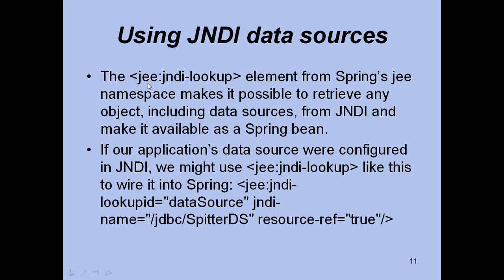Use the JNDI lookup element from Spring's JEE namespace, which makes it possible to retrieve any object, including data sources, from JNDI and make it available as a Spring bean.